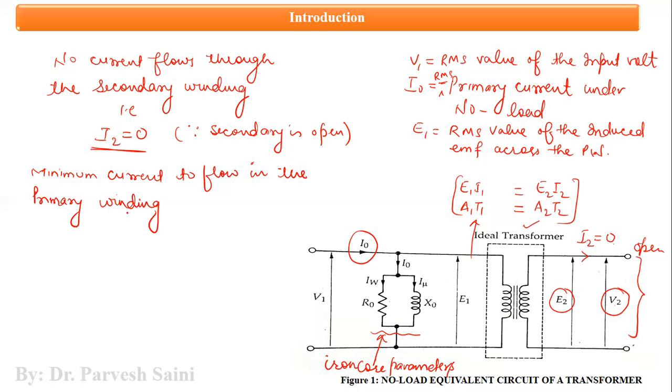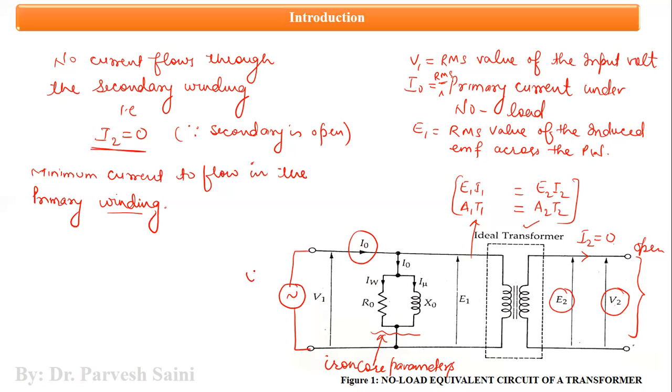What is the reason behind this? The reason is that because there is no load connected across the secondary, the requirement of current is minimum, right? And this current will only flow because the primary winding is connected to some AC supply.